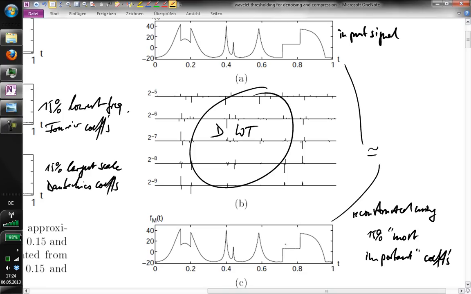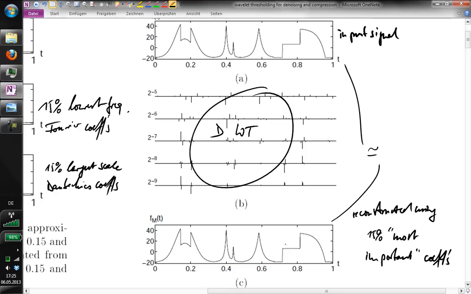Okay. But this wavelet transform domain is particularly useful for the selection of the important coefficients, at least for images that have some sparsity or some regularity. And different wavelets are ideal for different types of sparsity or regularity.